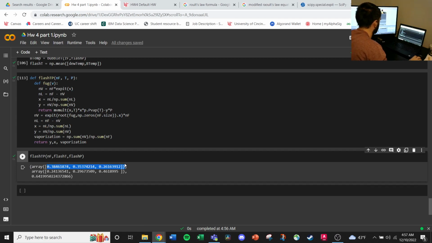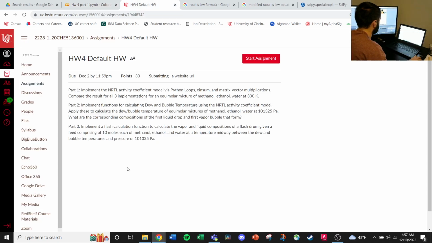So the vapor is majority methanol, and the liquid is majority water.